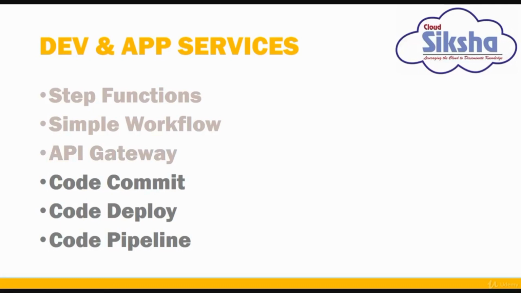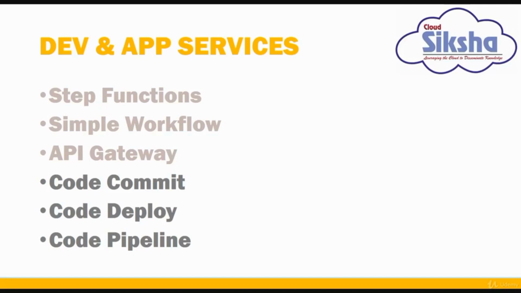From a developer point of view, we need a good source control service when you are doing your development. And AWS CodeCommit gives you such a service. Now, CodeCommit is a source control service which allows you to host secure and highly scalable private Git repositories.